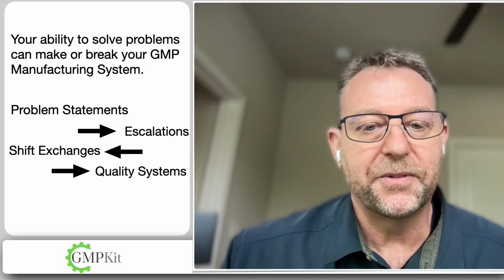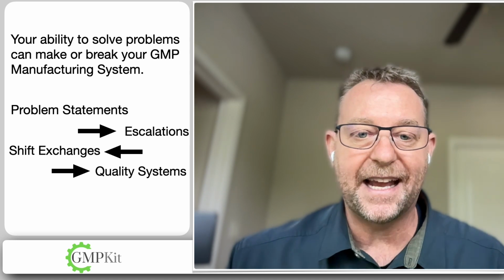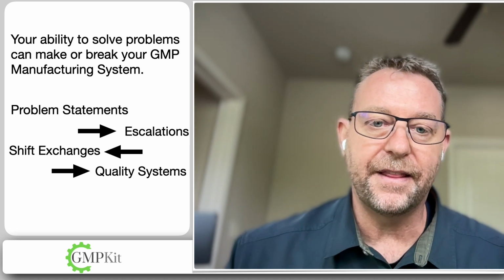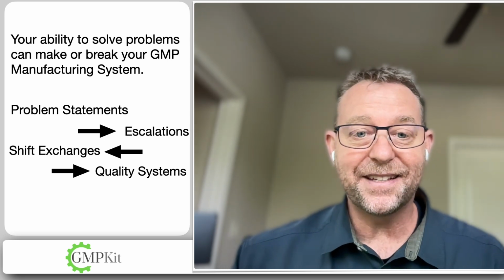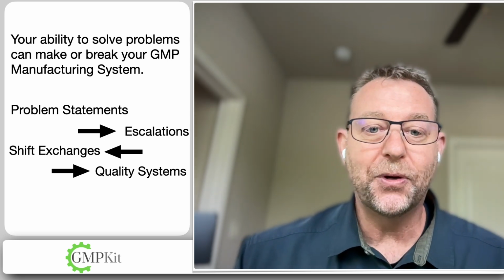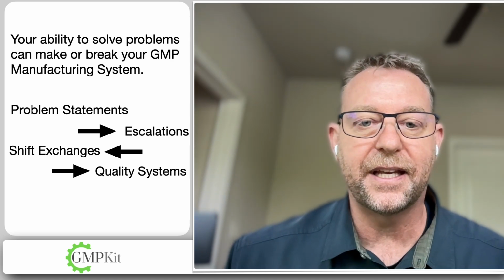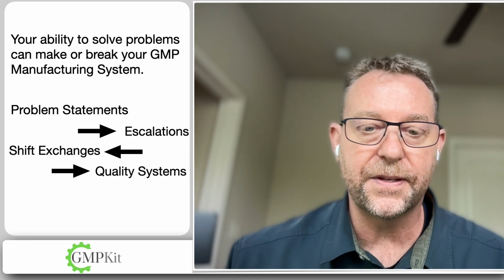The next type of problem statement is the diluted problem statement. This is when something happens, but for whatever reason, people soften it. They don't want to share the bad news. They paint a nice picture, they put a spin on it, and the diluted problem statement can also result in incorrect decisions.